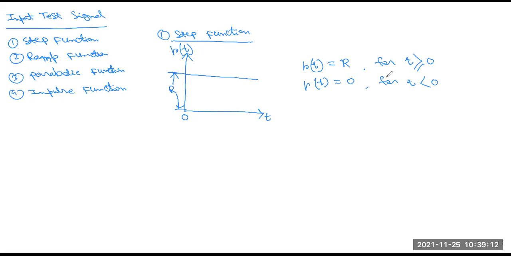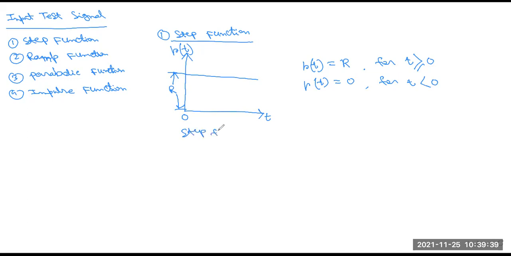So remember these two conditions. When this input response R(t) equals R, this value is the same when the time t is greater than or equal to 0, and R(t) is 0 when t is always less than 0. Okay, so these are basically the step functions.